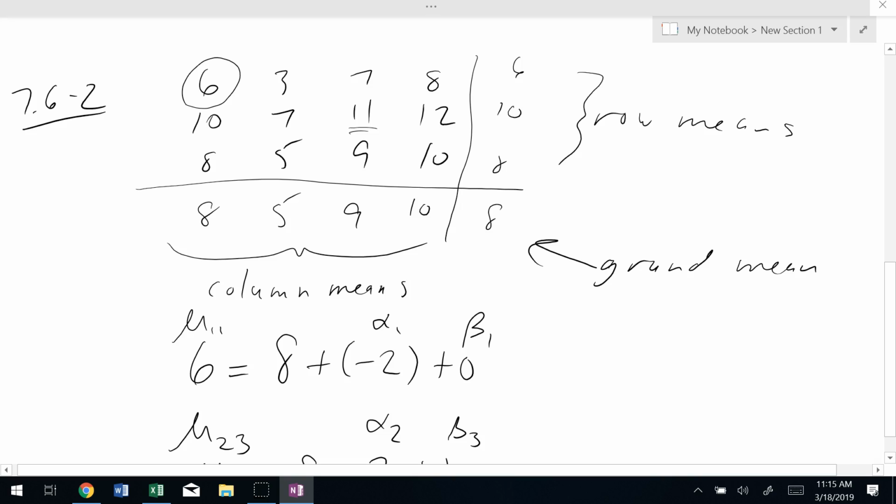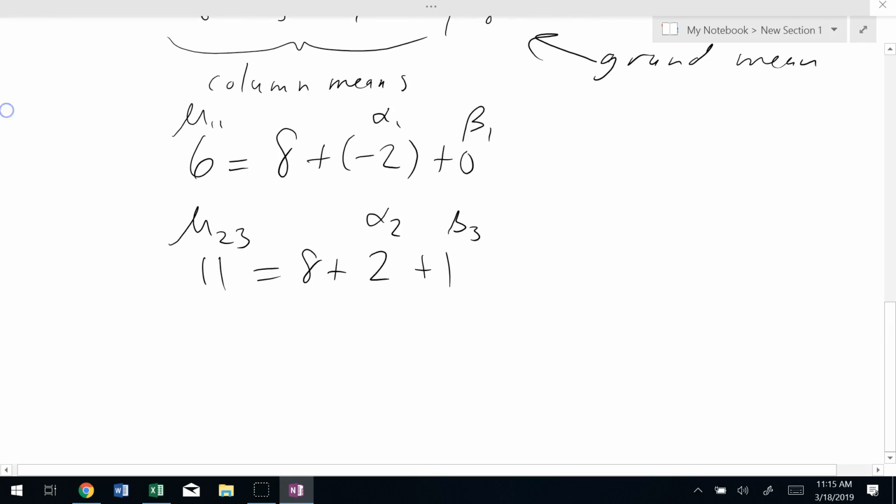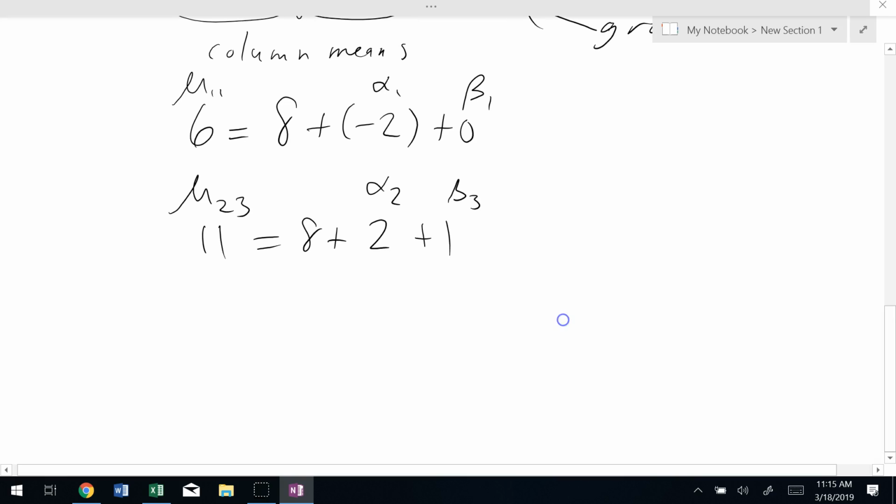So what we want to test is whether or not there's actually any row effects at all. So the testing that we're going to be doing, we actually are going to have 2 null hypotheses plus an alternative hypothesis. So we'll have an H sub A. The A's we usually refer to as the rows.